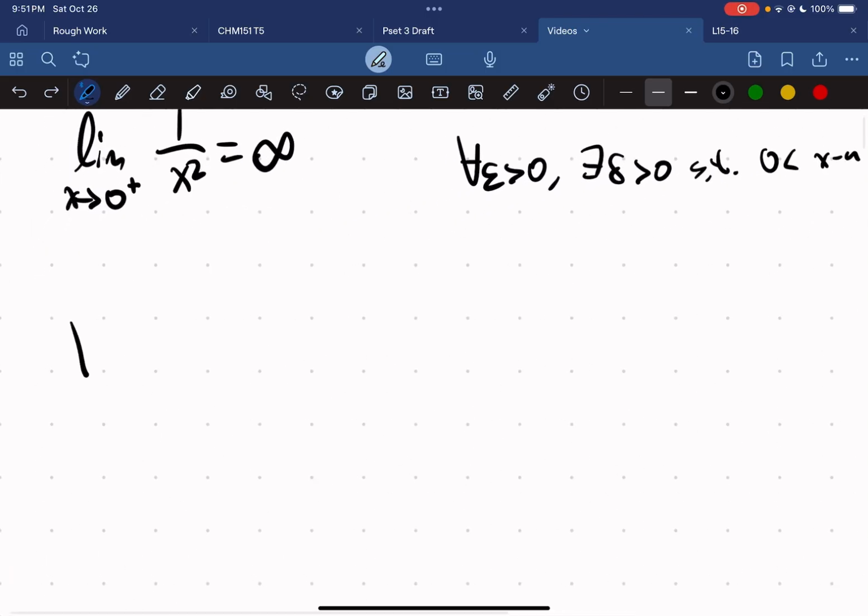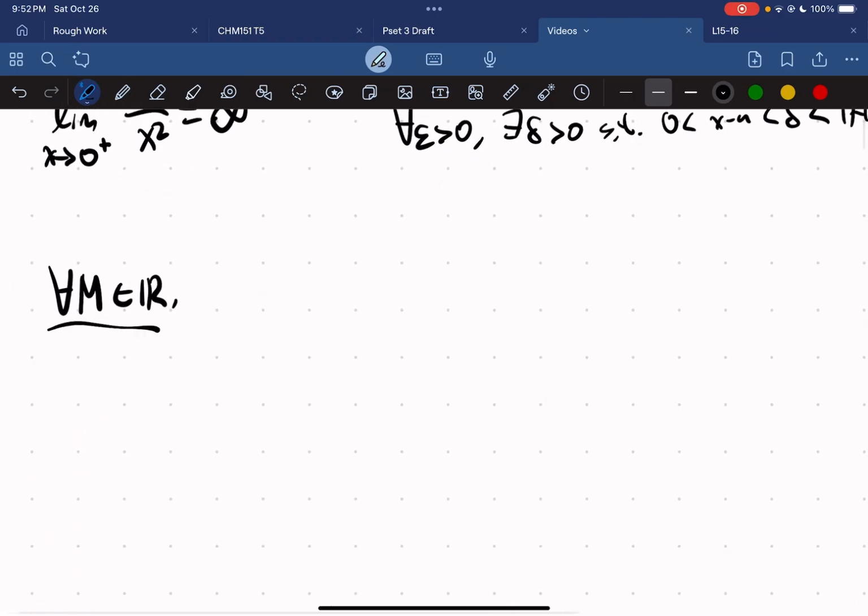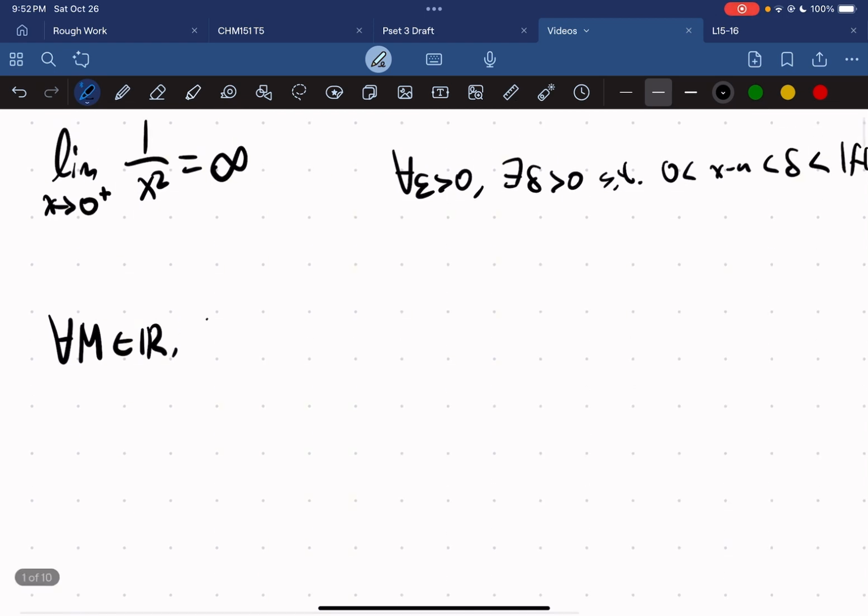So we can say for every m, and instead of greater than 0, we can say any real number. We could also say for any m greater than 0. This also works, but I think it's common practice to use for every real number. Then we can say there exists a delta, right? This is all the same. Now, since it's 0, we don't have the minus anything. We have this.